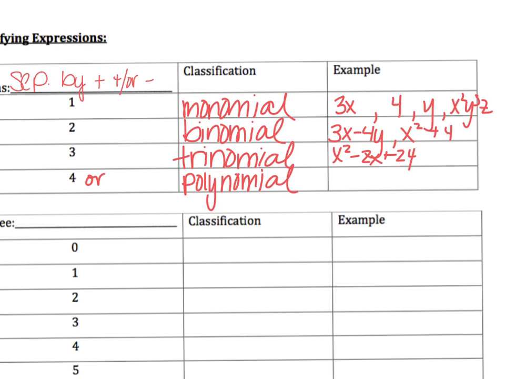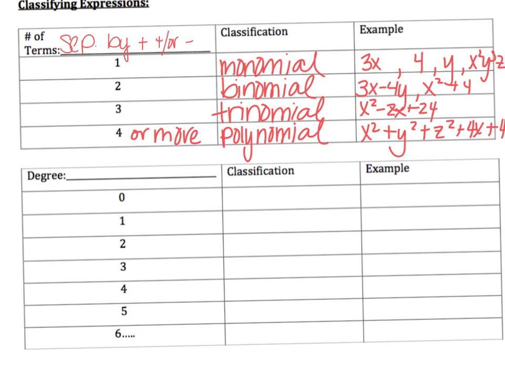Okay, just write 4 or more. Okay, so that's a polynomial. Anything 4 or more, 4, 5, 6, 7, and so on, it's going to be a poly. Poly means many.